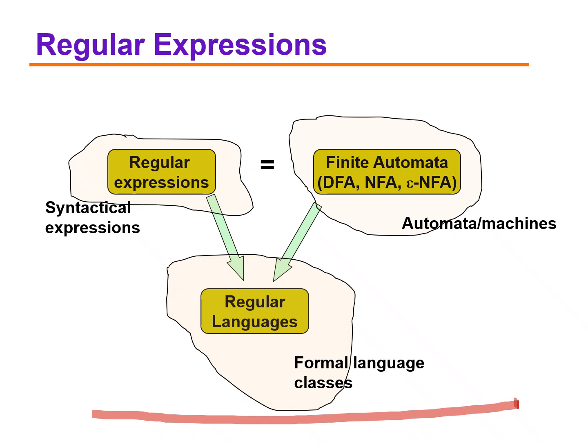Expressions are nothing but syntactic representations, whereas regular languages include all the strings which can be derived by those expressions, and finite automata can define and recognize any language from this pool of formal language classes, the regular languages.